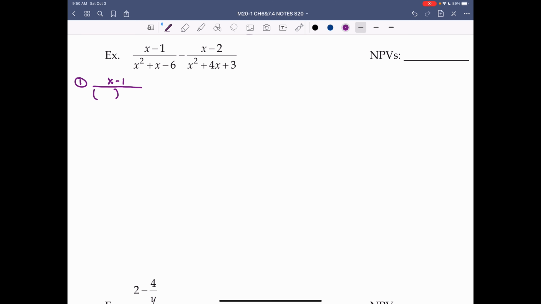That would be x plus 3 and x minus 2. Minus x minus 2 on top. x squared plus 4x plus 3, another basic trinomial, two numbers that multiply to 3 and add to 4: x plus 3, x plus 1.